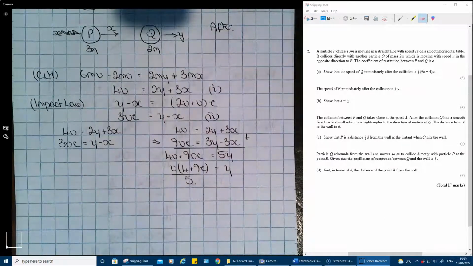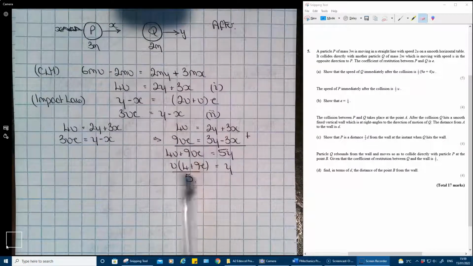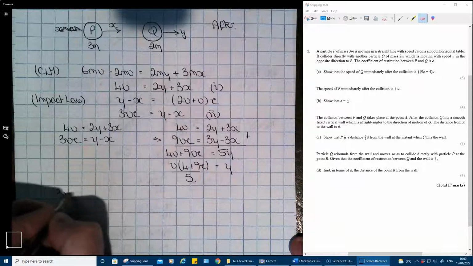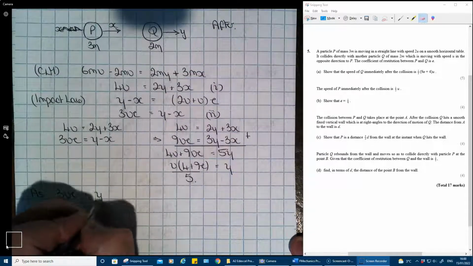Alright, now it tells us the speed of p after the collision is half u. The speed of p is going to be x, so I've got y, I need to find x. Okay, so I can use one of the equations, doesn't matter which one I use. I'm going to go for 3ue equals y minus x.